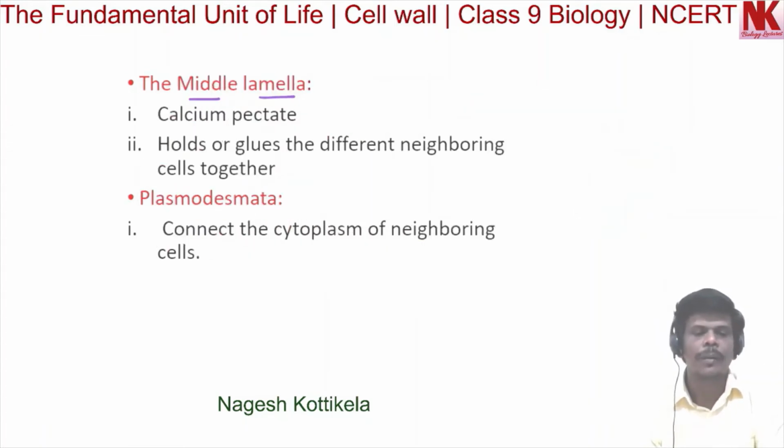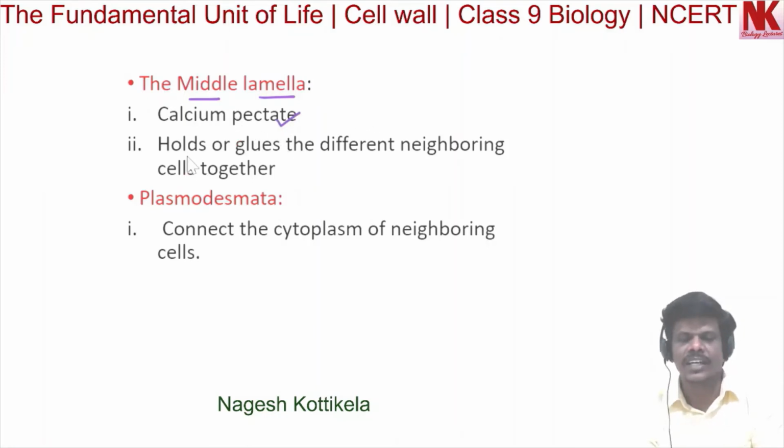So middle lamella is present between two plant cells and it is mainly composed of calcium pectate, and it holds or glues the different neighboring cells together. And one more concept is plasmodesmata.